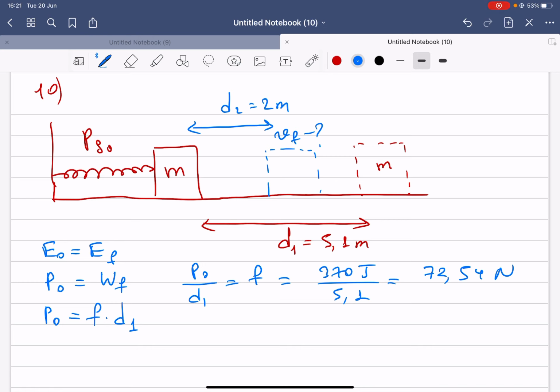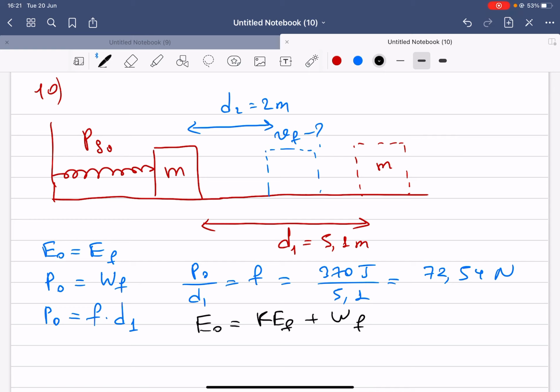Now we come back to the formula where energy initial is equal to energy final. That means the initial energy is equal to the kinetic energy at the final position, at a distance of 2 meters, plus the work done by friction at 2 meters.